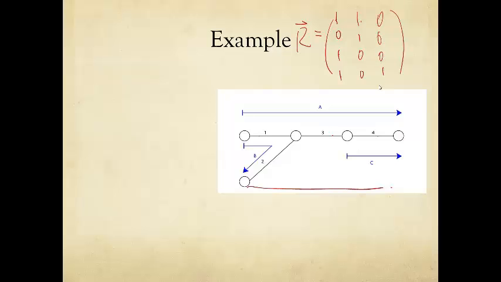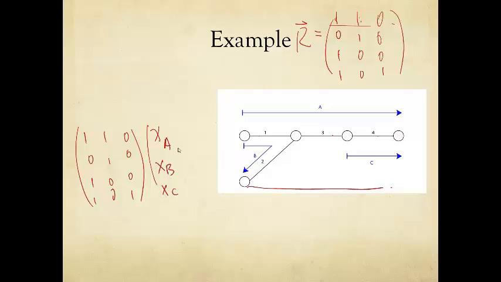We can also see that link 1, the first row of the routing matrix, is used by 2 sessions, A and B. So now we can write down the constraint, which is the routing matrix 1, 0, 1, 1, 1, 1, 0, 0, 0, 0, 0, 1, multiplying the rates of these 3 sessions.